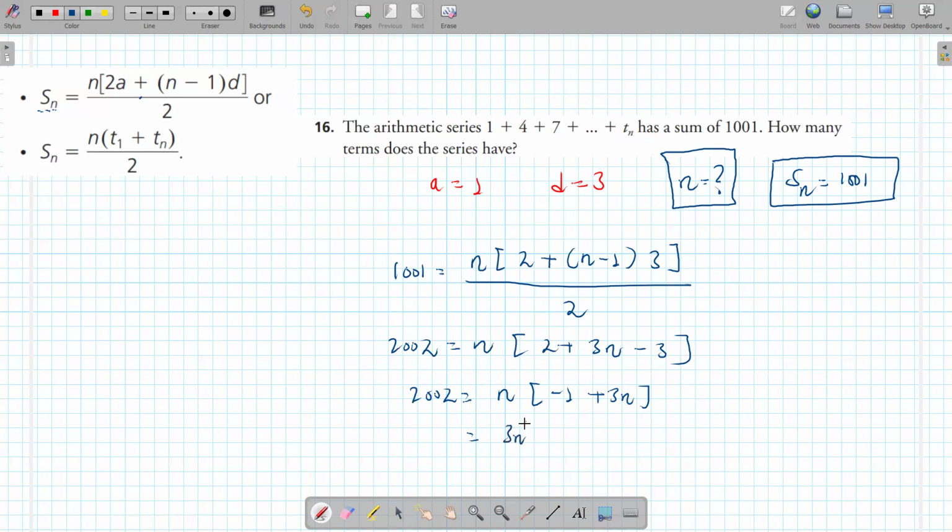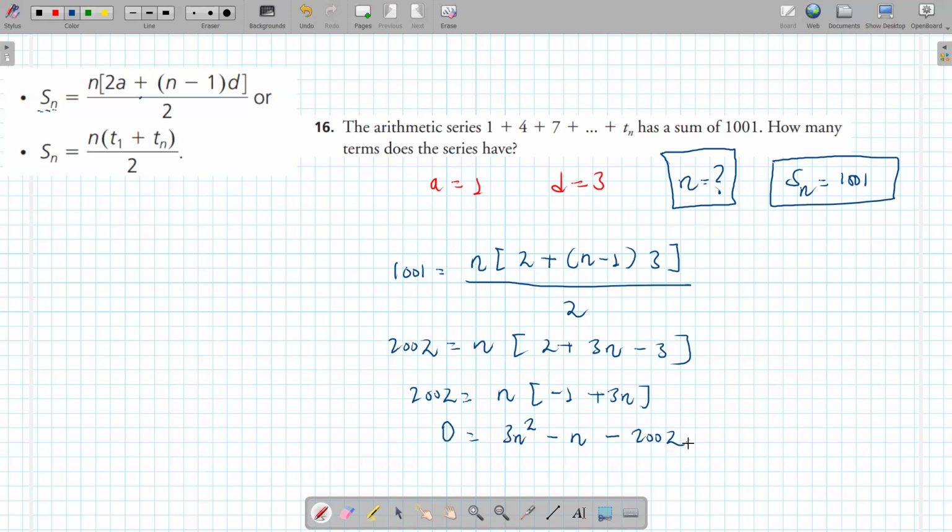So 3n squared minus n. And remember, for a quadratic, for any polynomial, meaning when the power is 2 or above, to solve that polynomial you need to bring everything to the same side. So I'm going to move the 2002 onto this side as well. So we get a 0 here, and then you have to subtract 2002 to take it onto the other side. So you get minus 2002.